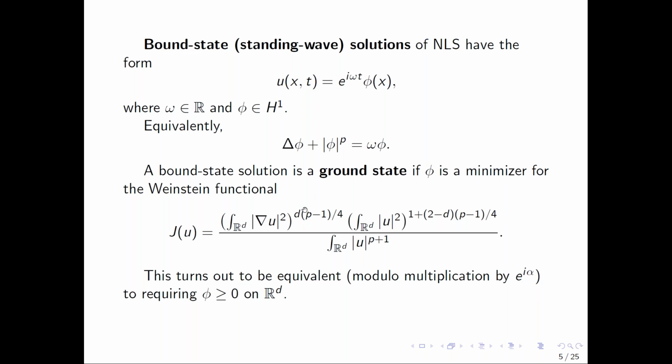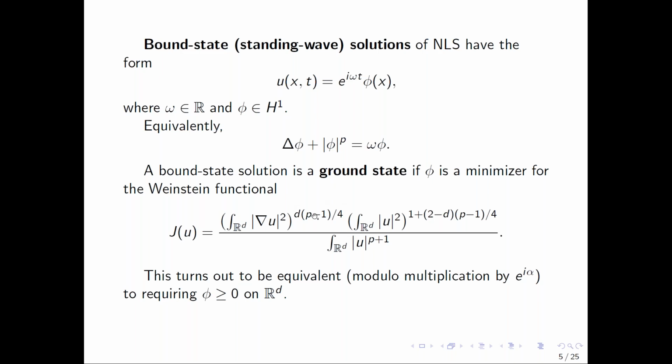The Gagliardo-Nirenberg inequality says that this functional is bounded below by a positive constant. I believe that's true in the energy subcritical case. A bound state solution is called a ground state if the profile function phi actually achieves this best constant in the Gagliardo-Nirenberg inequality.